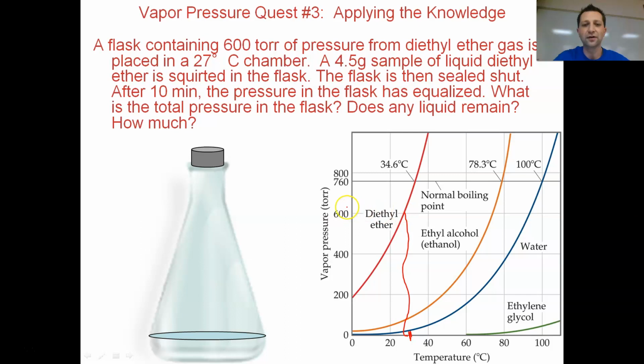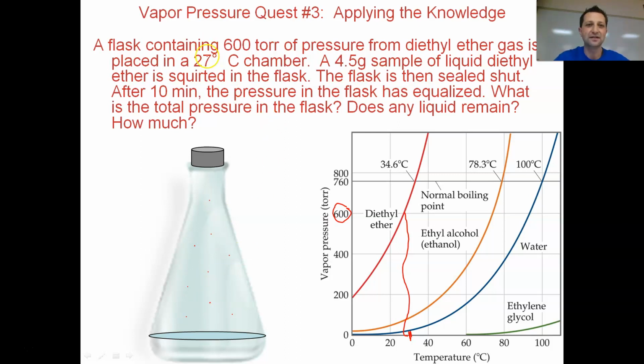I go over, and look, at 27 Celsius, diethyl ether should have a vapor pressure of 600 torr. That's saturated. This curve is when the solution is saturated. So once you've hit that saturation point, no more liquid can evaporate. So we have our 600 torr of pressure from diethyl ether in this flask.